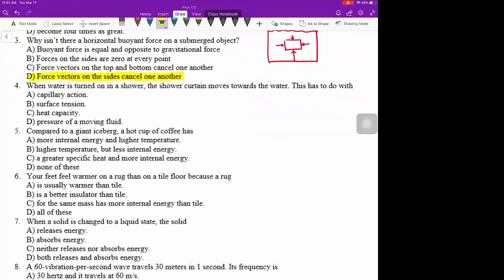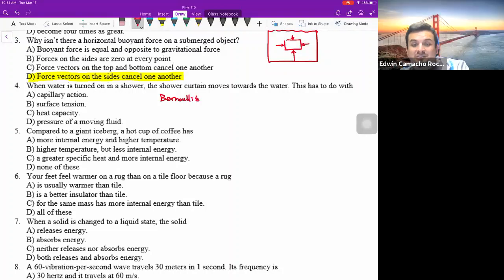Okay, when water is turned on in a shower, the shower curtain moves forward toward the water. So this has to do with what? What is the principle related to a moving fluid? It's the Bernoulli principle.